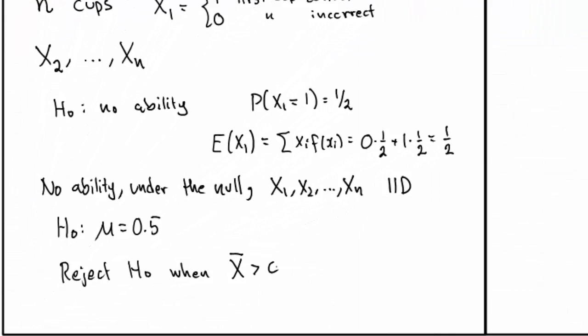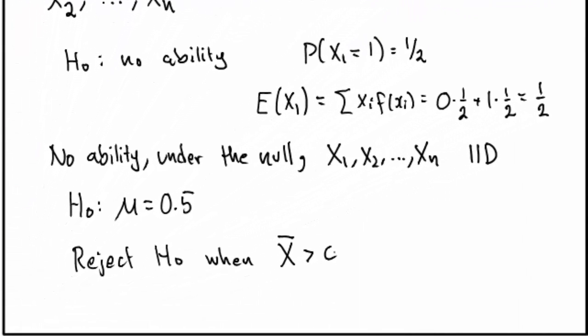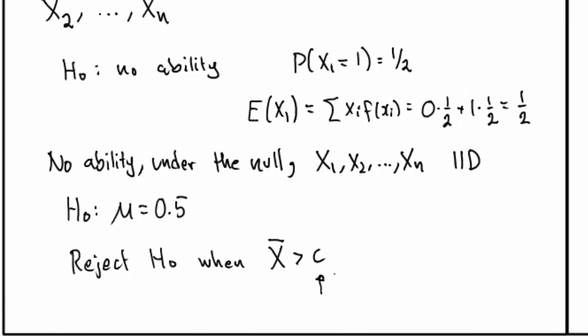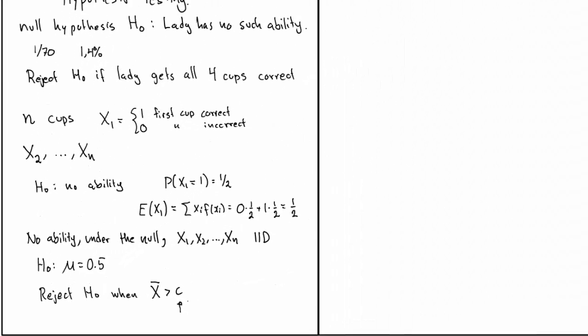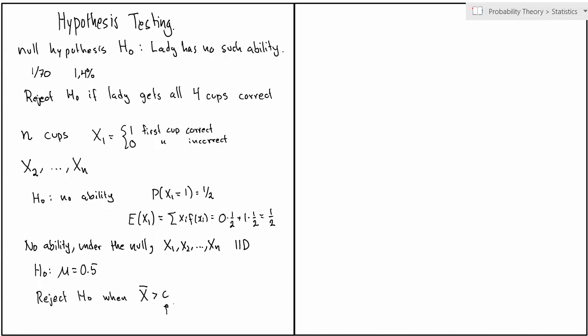We would like to reject the null hypothesis when this average is larger than some constant that we would like to determine. We want to make this constant large enough such that there's a fairly small chance that we will reject the null hypothesis when it's actually true.